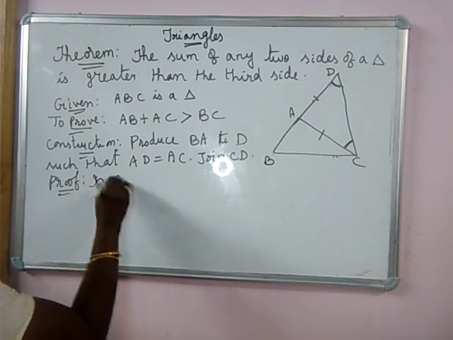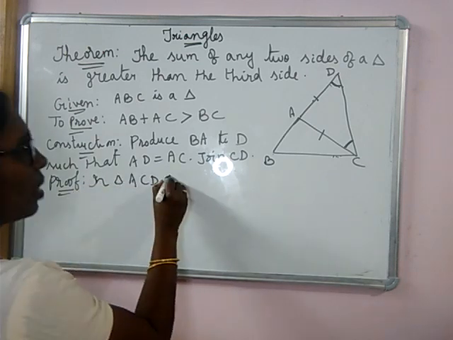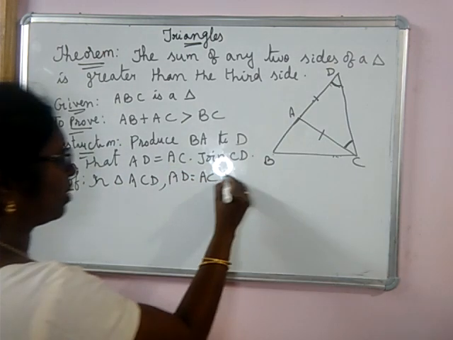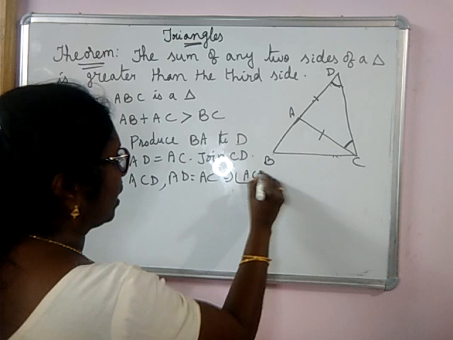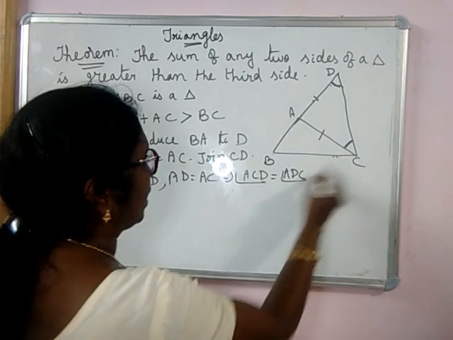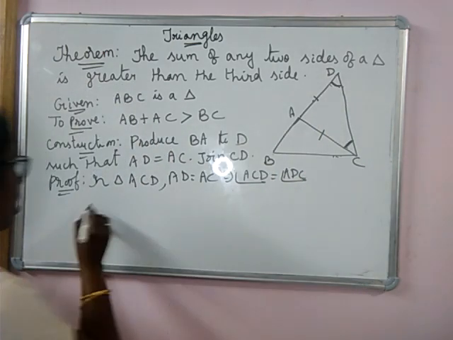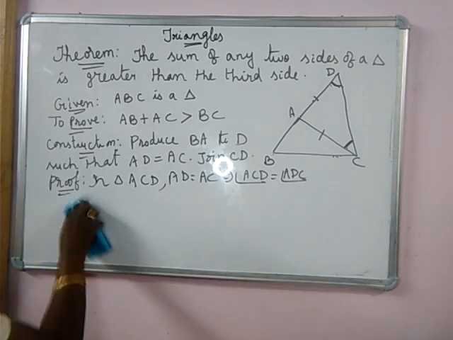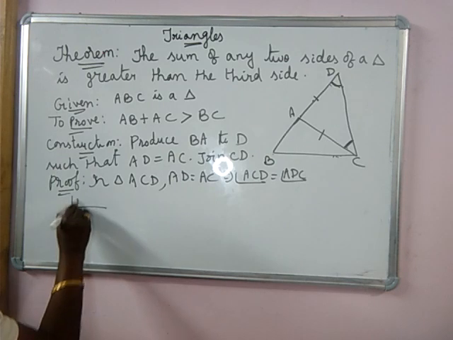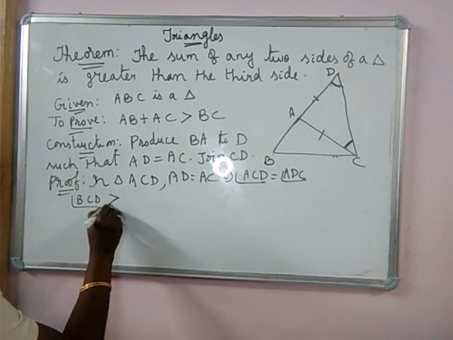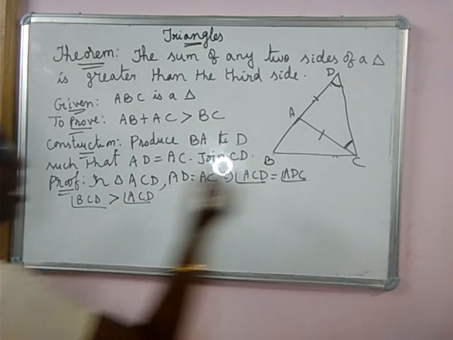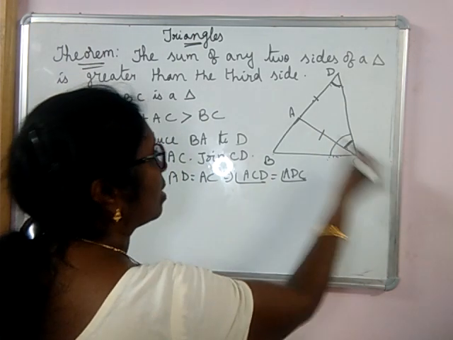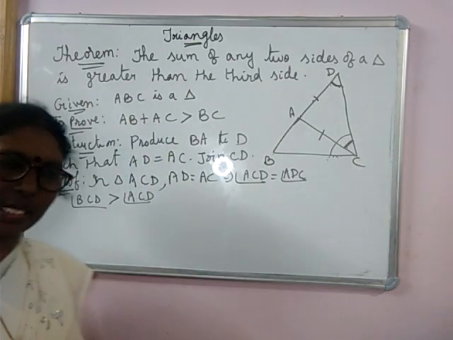In triangle ACD, AD is equal to AC, we have taken. That means angle ACD is equal to angle ADC. Now, angle BCD is greater than angle ACD, because angle BCD is the complete angle and ACD is part of angle BCD.